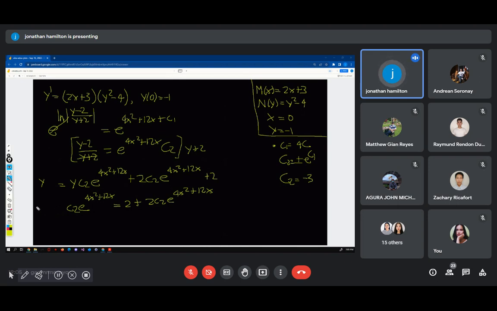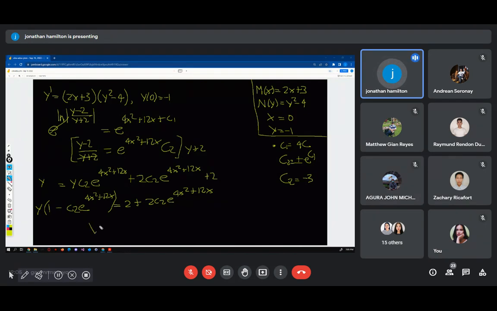So we could also say this is y times 1 minus c2e raised to 4x squared plus 12x. So with this, we could divide both terms by 1 minus c2e raised to power 4x para makuha natong value of y.